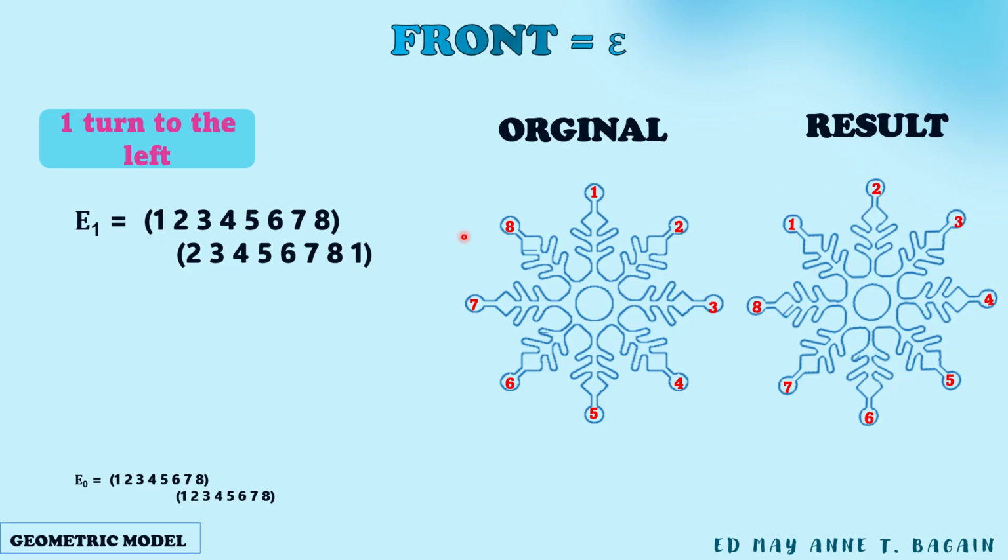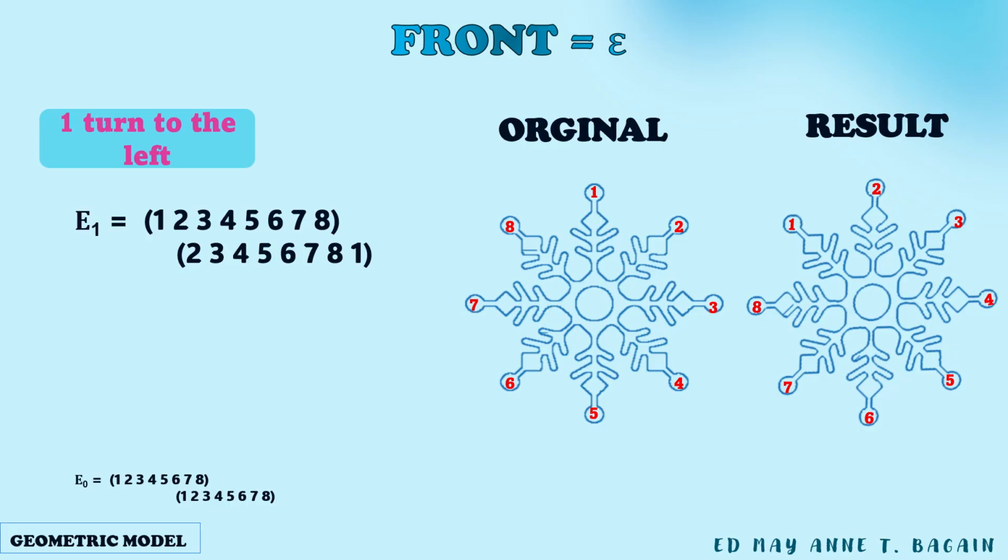So the result, 1 would be 2, and then the 2 would be 3, and then the 3 would be 4, and then the 4 would be 5. And then the 5 will be 6, and then 6 will be 7, 7 would be 8, and lastly 8 would be 1. So that would be the permutation movement for this epsilon sub 1.